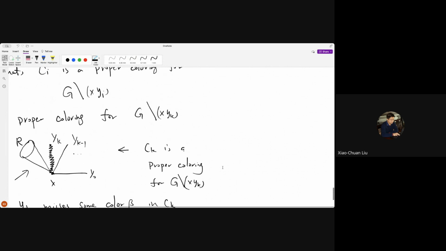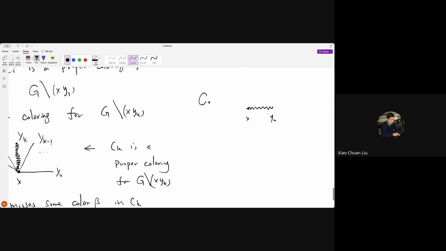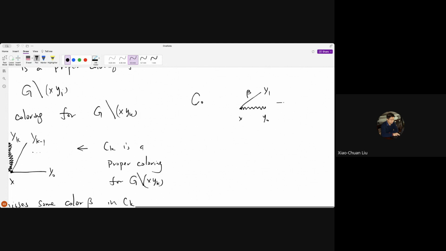Let me explain. Let's look at the very first step. So let me draw C0. C0 is a coloring for this graph. So you have x y0 taken out. So this graph does not have this edge. And here you have x y1. Don't worry about other things. Say C0 gives color beta to this edge. And then I change the graph.